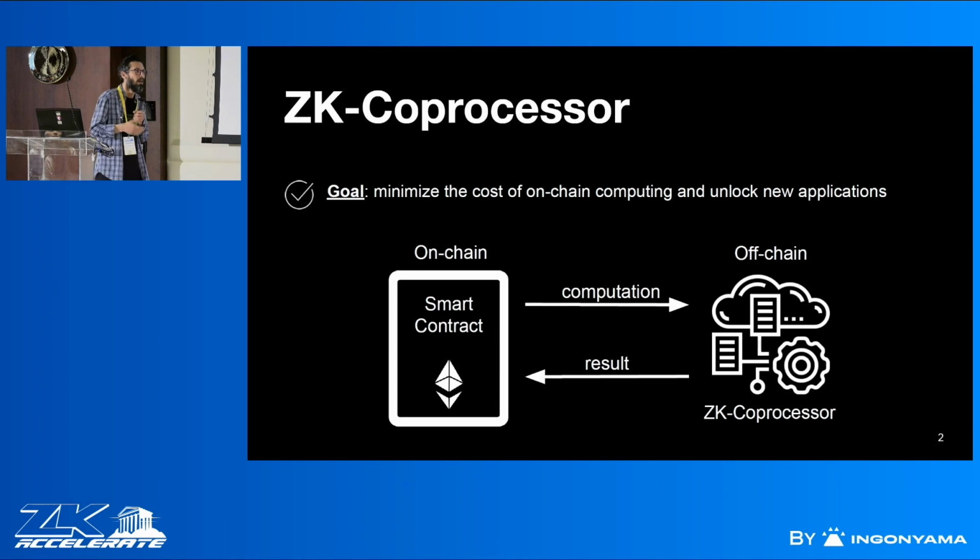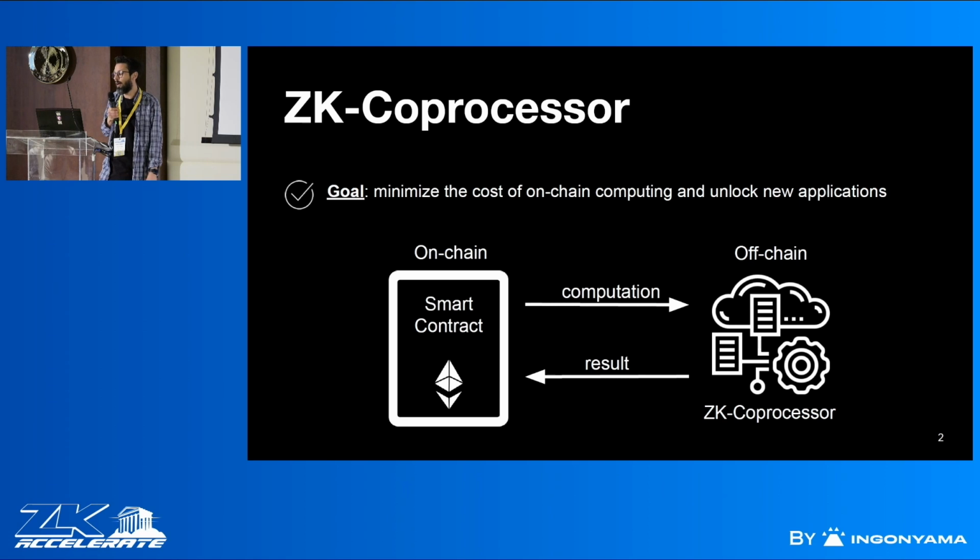So if you have a smart contract on Ethereum, you maybe want to take the most expensive part of the computation and send it off-chain to your ZK coprocessor so that it computes for you. Then you take back the verifiable result, push it back on-chain, verify that it is correct, and save some gas.